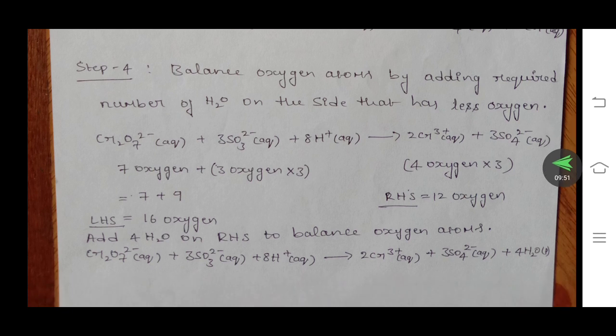Okay, so that many water molecules you have to add. Example, see, now first you have to find out how many oxygen atoms are present on the left side and how many oxygen on the right side. Okay, Cr2O7 2- plus 3SO3 2- plus 8H+ gives 2Cr3+ 3SO4 2-. See, in this equation, how many oxygen are present? Left side you check.